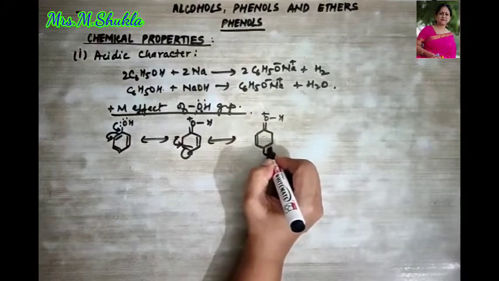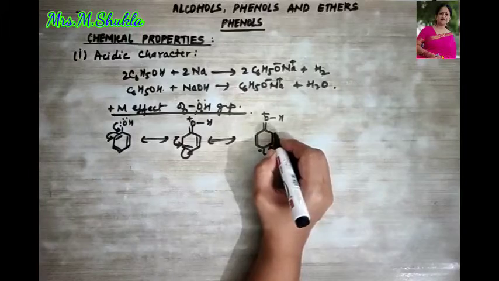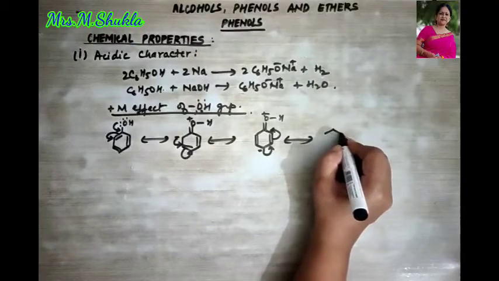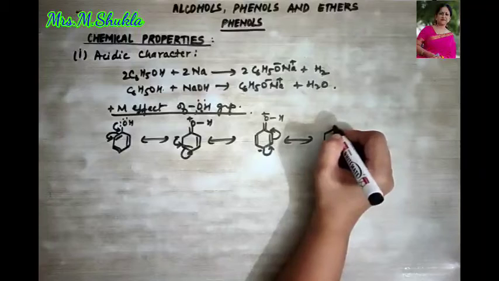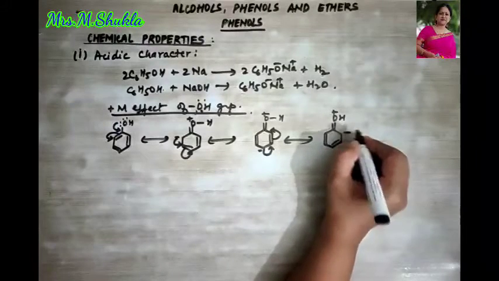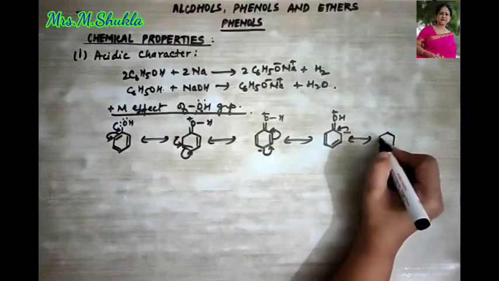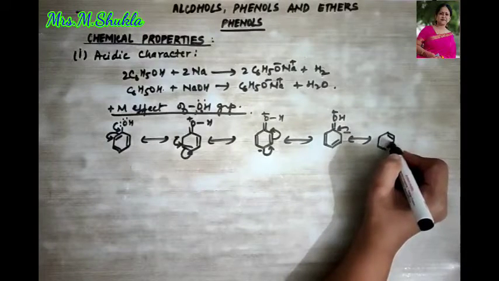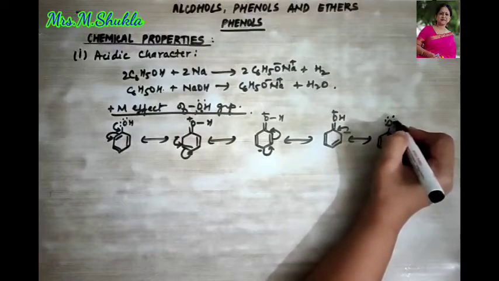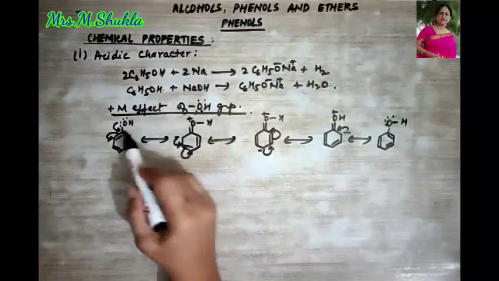Now from here a negative ion will be formed because this bond is broken, and it comes here, and lastly, so this explains the plus mesomeric effect of this OH group.